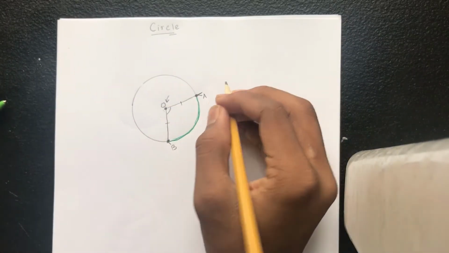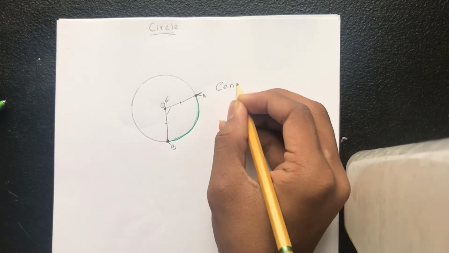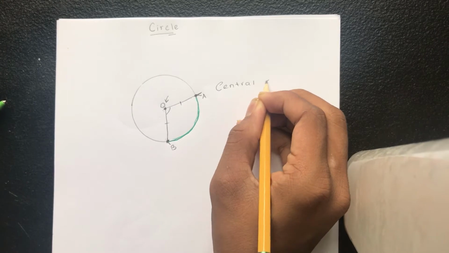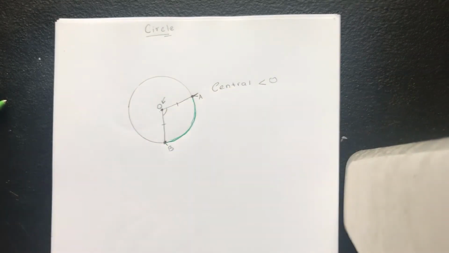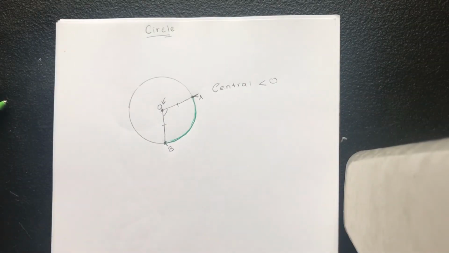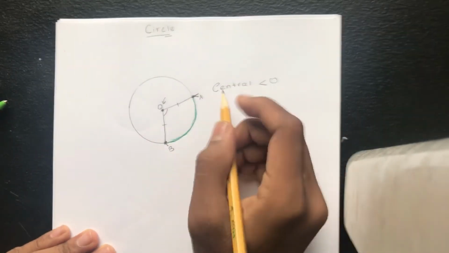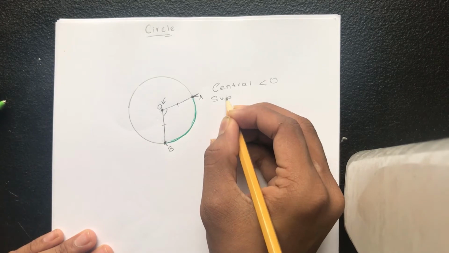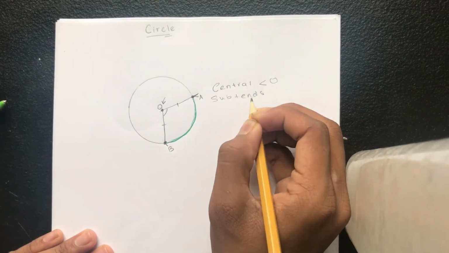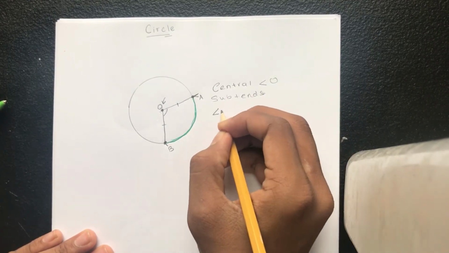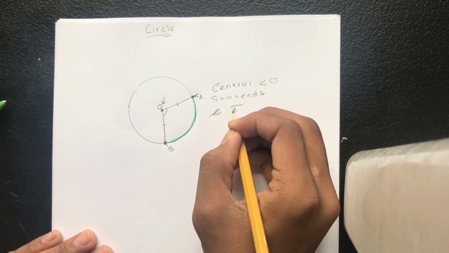So we can write this by saying our central angle O, and we say central because the vertex is, of course, at the center of the circle. Central angle O subtends arc AB.